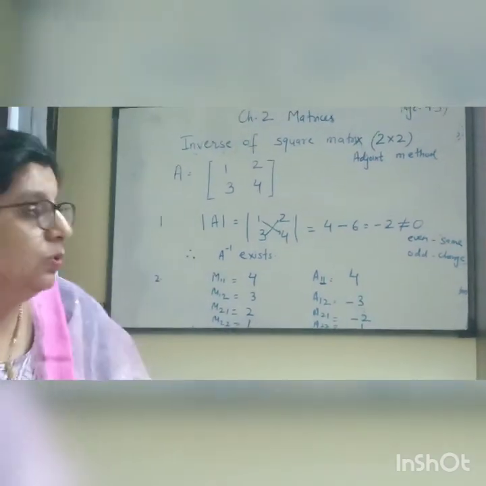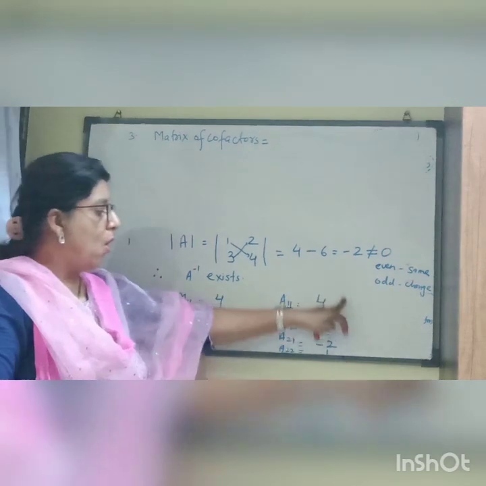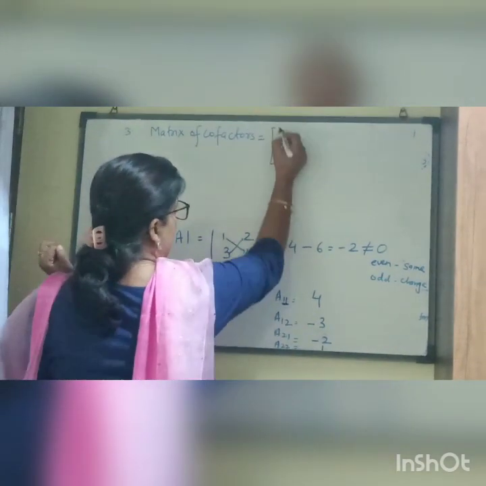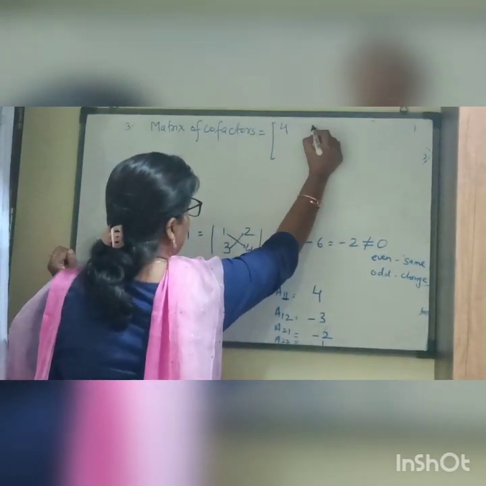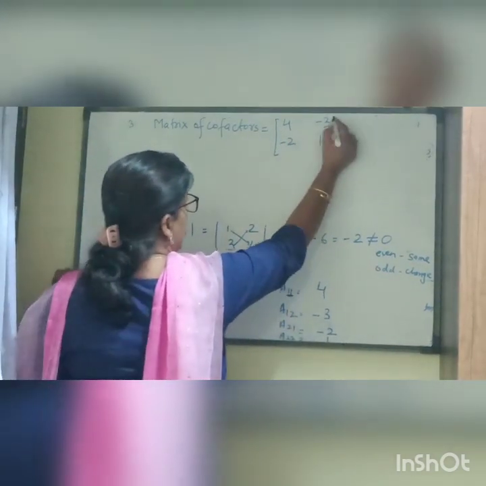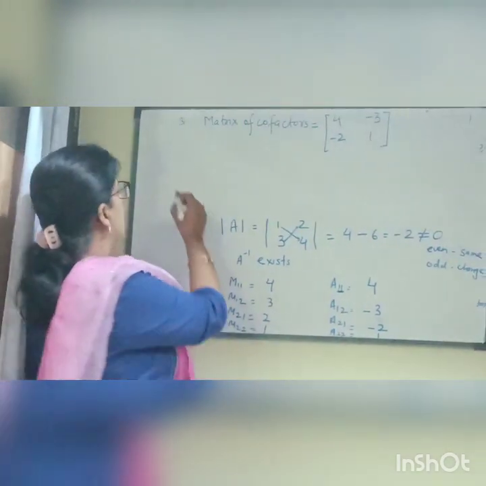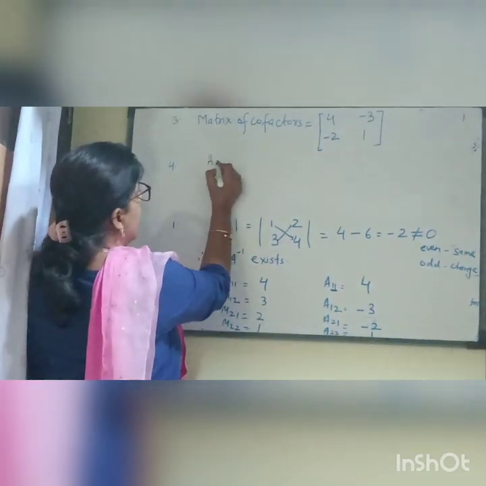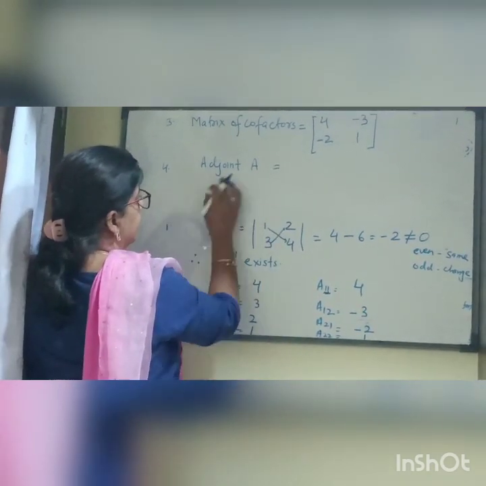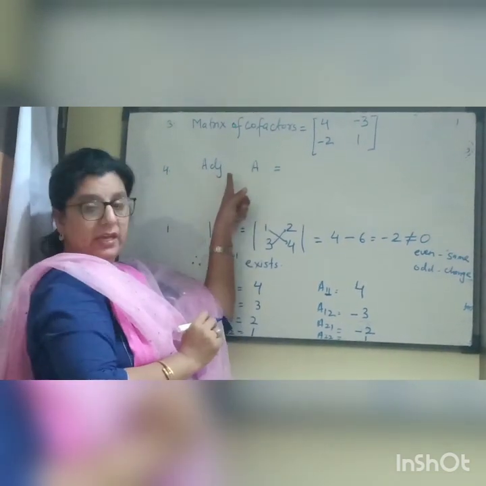Now we will come to the third step: we have to write all these cofactors in matrix form. So how to write? A11, 4. A12, minus 3. A21, minus 2. A22, 1. So we have completed the third step also. Now the fourth step: we will find the adjoint of A. Adjoint is written in short form as adj.